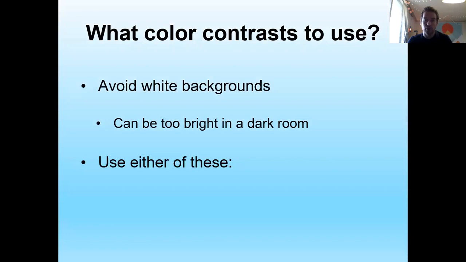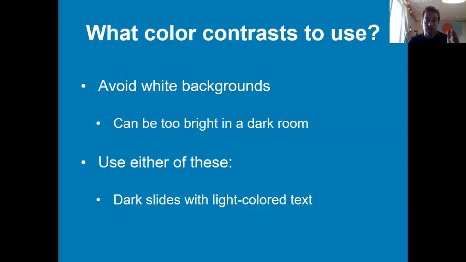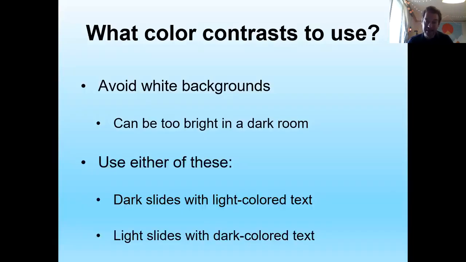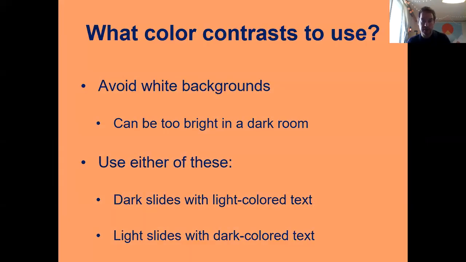So here are two combinations that work very well. Dark slides with light colored text. So dark backgrounds, light colored text, or the opposite. Light slides, light backgrounds with dark colored text, such as that. So either combination works well, and it's easy on the eyes to read and to look at.